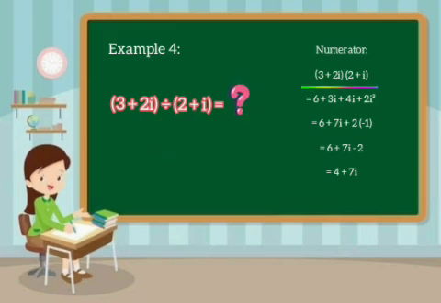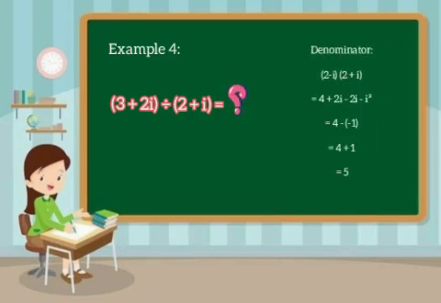So the numerator 3 plus 2i times 2 plus i equals 6 plus 3i plus 4i plus 2i squared, and equals 6 plus 7i plus 2 minus negative 1, since i squared is equal to negative 1. And now we have 6 plus 7i minus 2 equals 4 plus 7i.